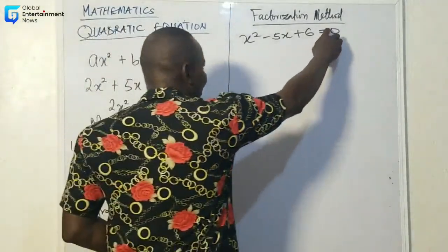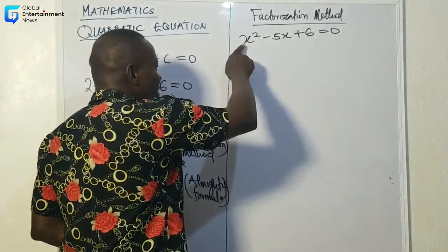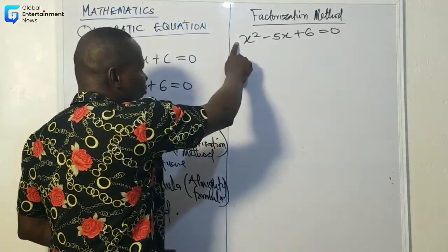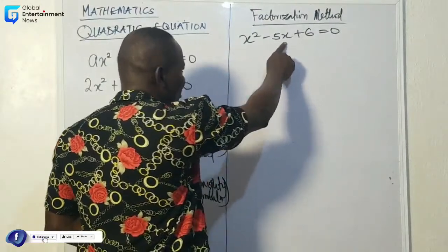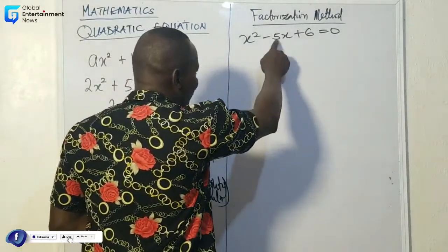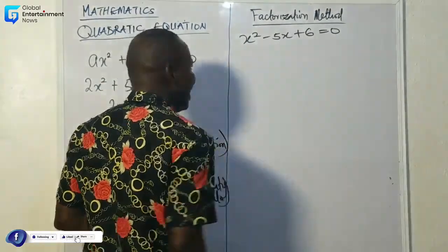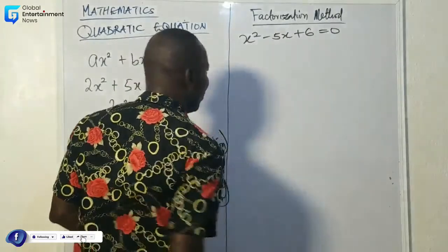Looking at the first variable here, the coefficient is 1. The coefficient of the second variable is minus 5. And the constant is plus 6.